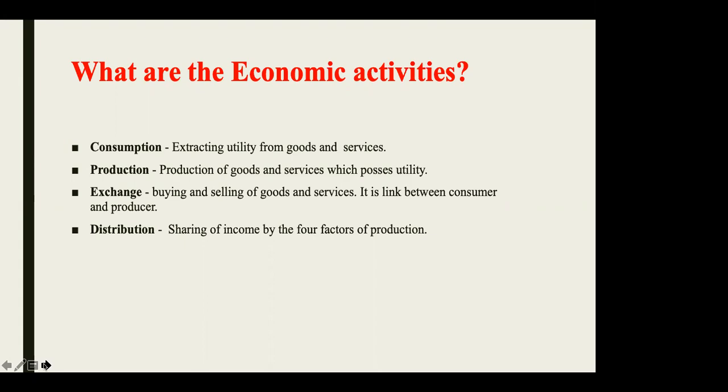That is nothing but the market, which is an interlink between consumer and producer. And distribution is the sharing of income by the 4 factors of production, that are land, labor, capital, and organization, through whom we took help and produced the goods and services.